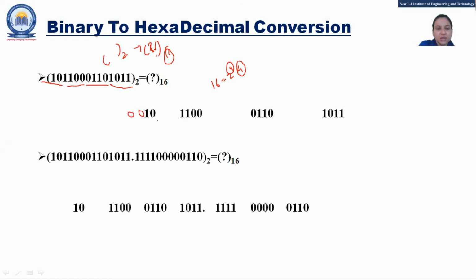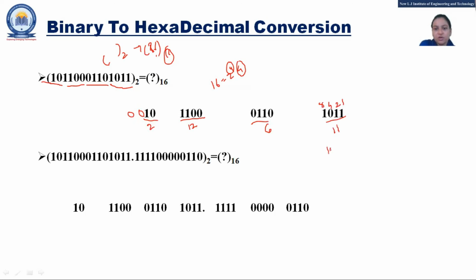Here is the hexadecimal equivalent. This is 12, this is 6, and this is 8, 4, 2, 1, that is 11.